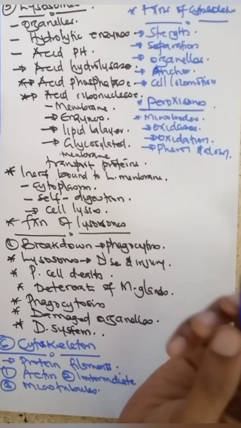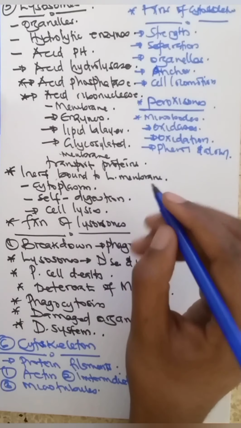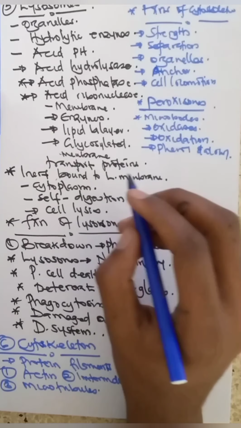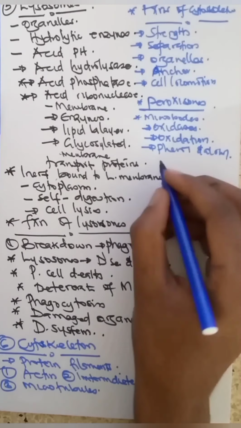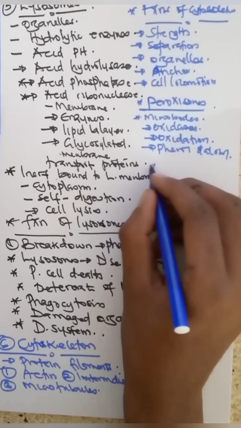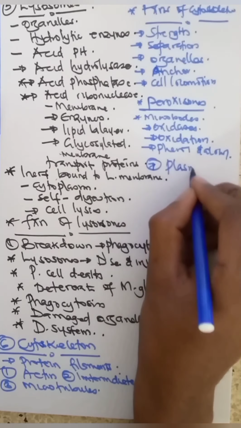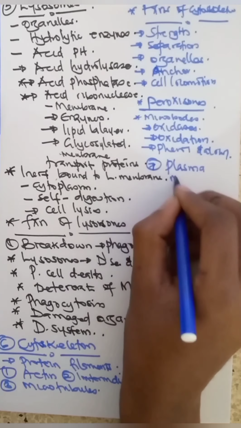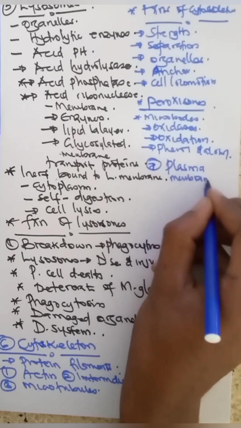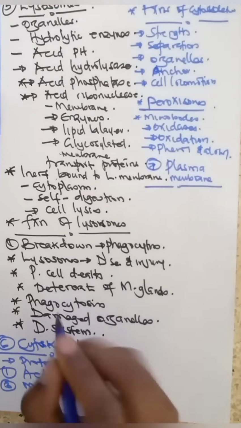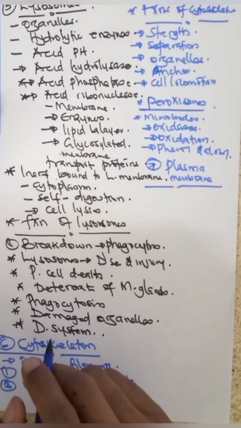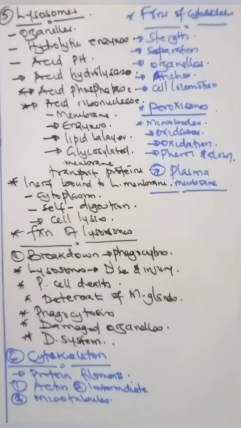The other key part we need to appreciate is the plasma membrane. Very important. You can put it as number 7. The plasma membrane, which sometimes is called the plasmalemma.